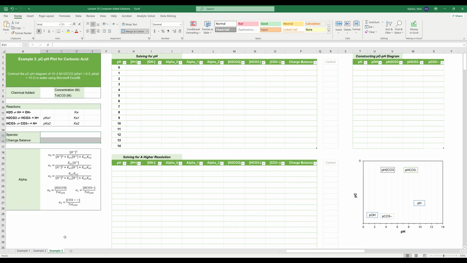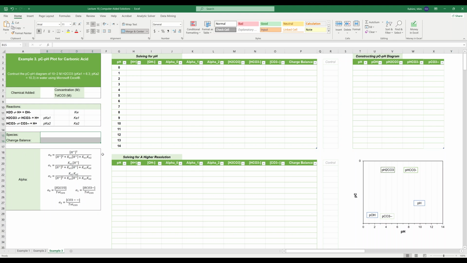So in the third example, we're pretty much doing the same thing, but this time the system is a little bit more complicated because first of all, we're adding a diprotic acid, not a monoprotic acid. That means we're dealing with more reactions, more K values, and obviously more alpha values.